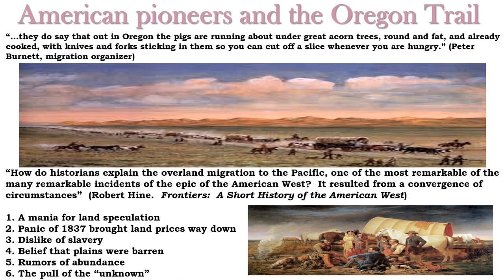A lot of them believed that the plains states were barren. In some ways they were, although later many of those states and areas in those states became agricultural heartland territory.